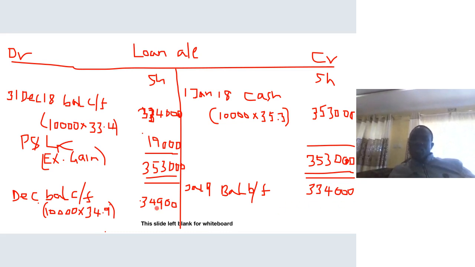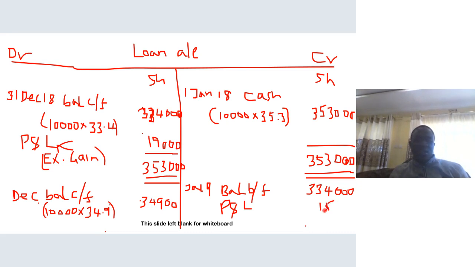So in this case, you will find that again there is an exchange difference, and you can give me the difference there and tell me whether it is a loss or a gain. Remember, that one is always taken to P and L. So the amount there is 15,000.